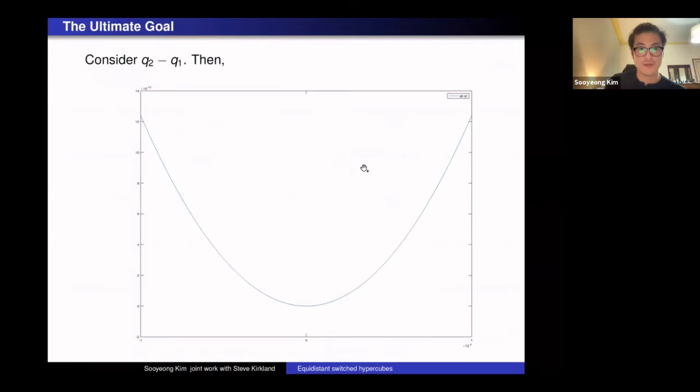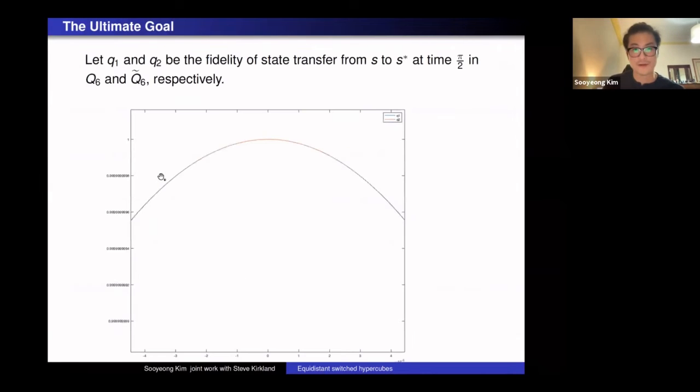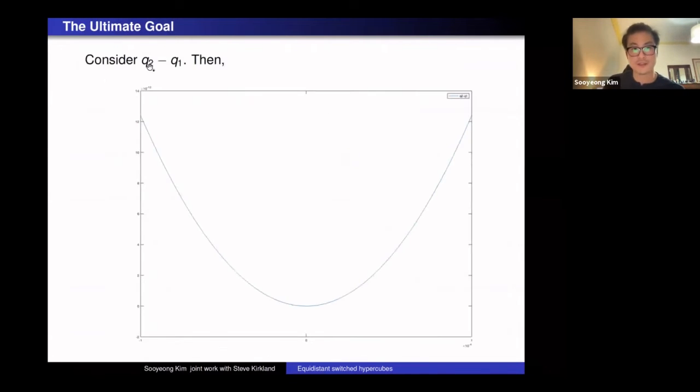To reinforce the observation, because it looks very similar, we consider the difference between Q2 and Q1. We have this result, which means Q2 is above Q1. So this is our ultimate goal for this work: proving that Q tilde n is more insensitive than Qn with respect to the perturbation of edge weight.